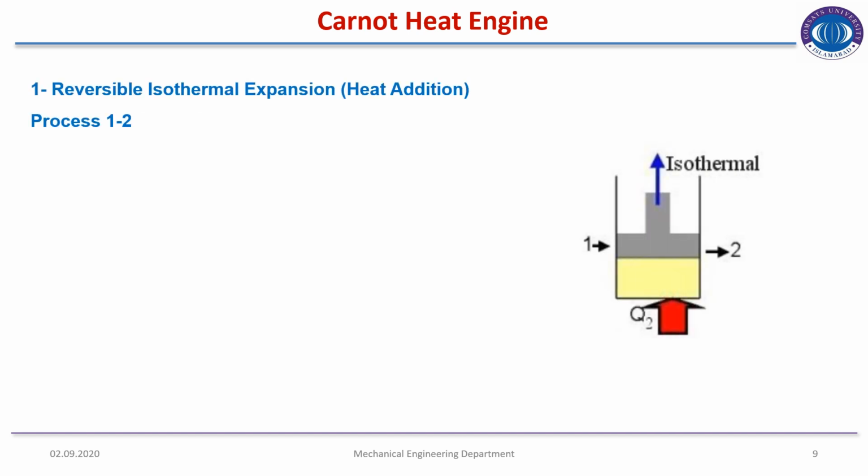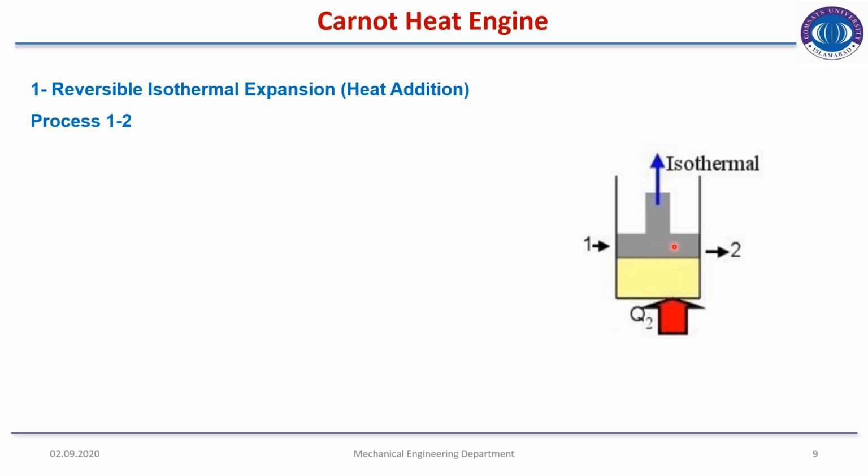So the first process is reversible isothermal expansion. Now we are studying the Carnot heat engine processes one by one. We will discuss the first process, reversible isothermal expansion, that is heat addition. You can see Q2 amount of heat is added to the system.